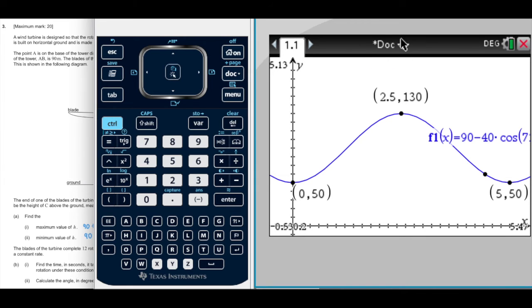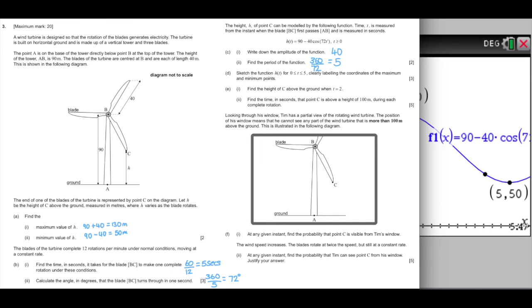So in your exam, if we go back to the exam paper, you're going to be sketching that out. So I'm just going to do it over here. You've got your axis, and it starts around here at 0.50, which you would need to label.